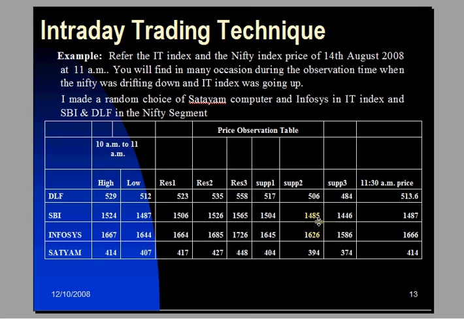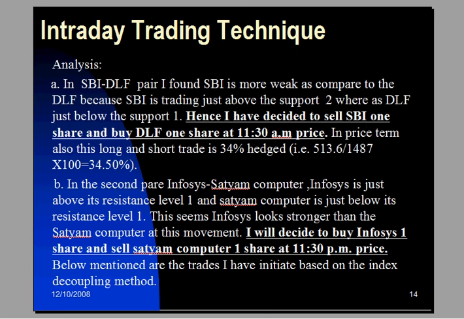So if I want to take a trade between these two counters, I will buy DLF because it is stronger, and I will sell SBI. Using the same logic, I decided to buy Infosys and sell Satyam.